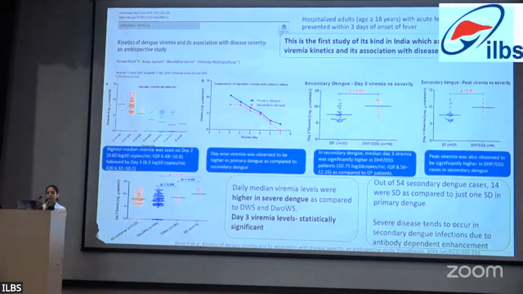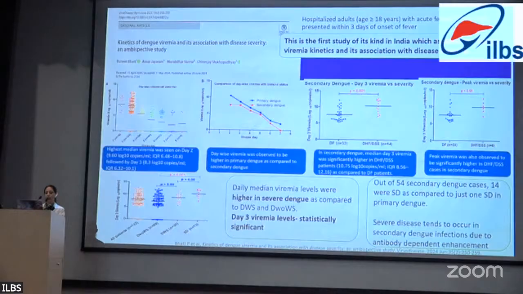Out of 54 secondary dengue cases, 14 were severe dengue as compared to just 1 in primary dengue. Severe disease tends to occur in secondary dengue infections due to antibody-dependent enhancement. A cutoff value was defined, and day 3 dengue viremia can be used to predict severe dengue disease.